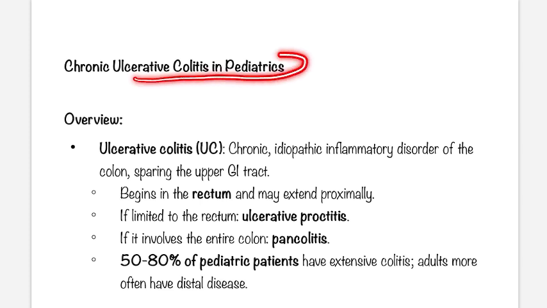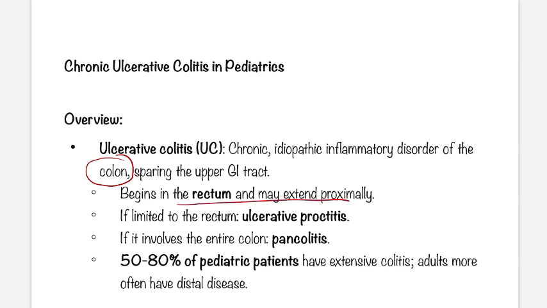Ulcerative colitis is a chronic idiopathic inflammatory disorder of the colon, sparing the upper GIT. Now it is easy to remember because colonic involvement is 100% in ulcerative colitis. It begins in the rectum and may extend proximally.